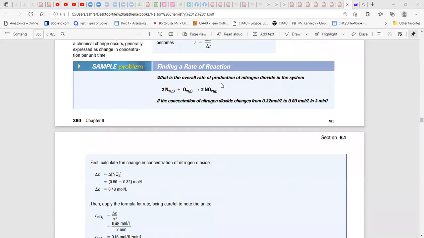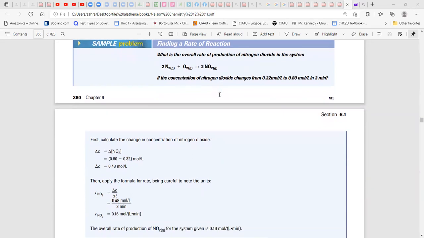What is the overall rate of production of nitrogen dioxide in the system? Nitrogen and oxygen react to give you NO2. If the concentration of nitrogen dioxide changes from 0.32 to 0.8 mole per liter in 3 minutes, the final concentration minus the initial concentration, divided by the time.